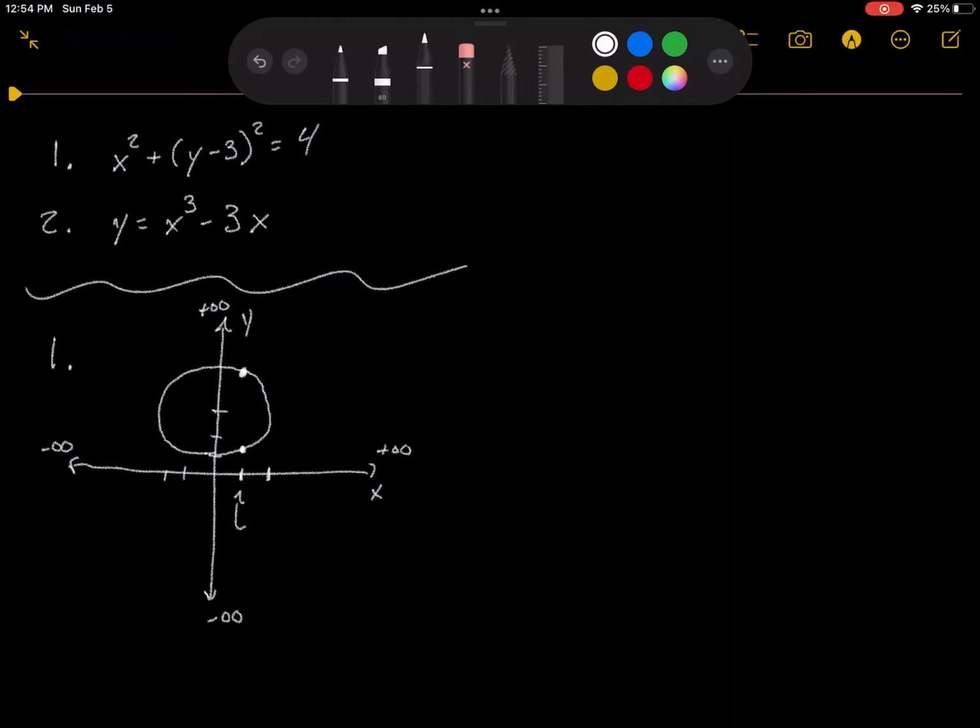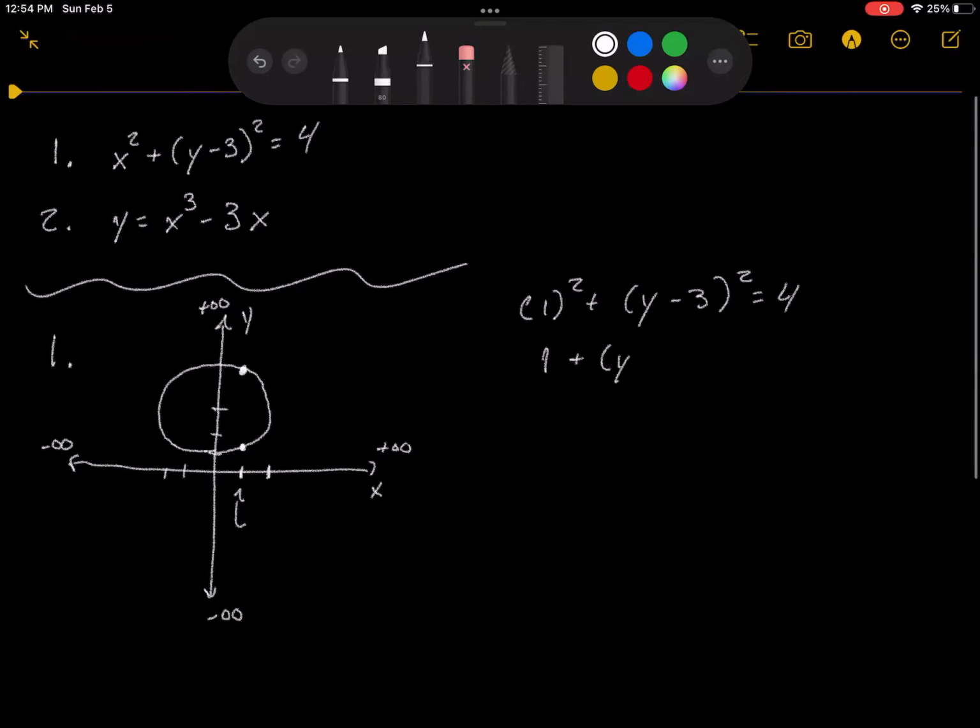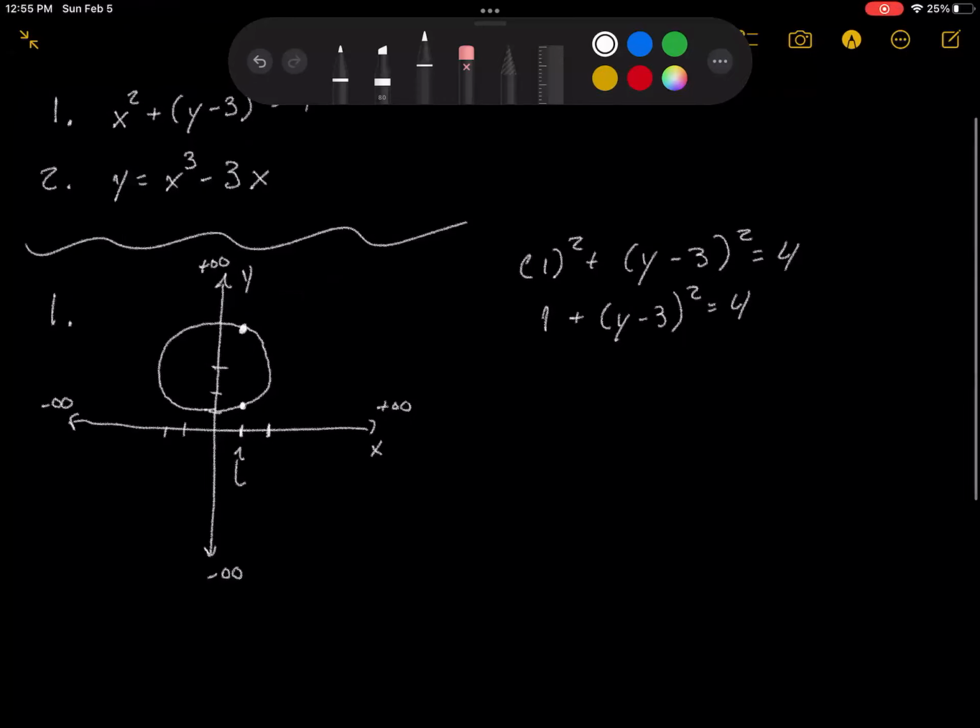In fact, let's go ahead and figure out what those two points are. When my x value is 1, what am I going to get for a y value? This is 1 squared is 1. I subtract 1 from both sides. I find y minus 3 squared is equal to 3.